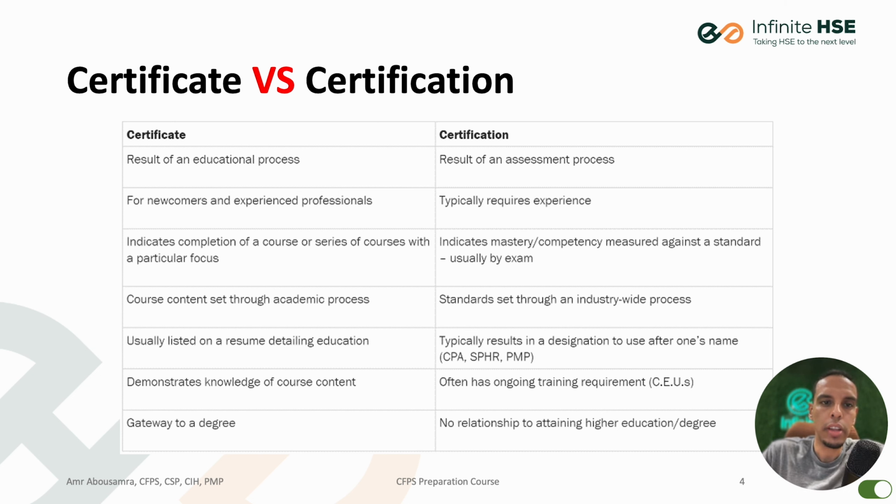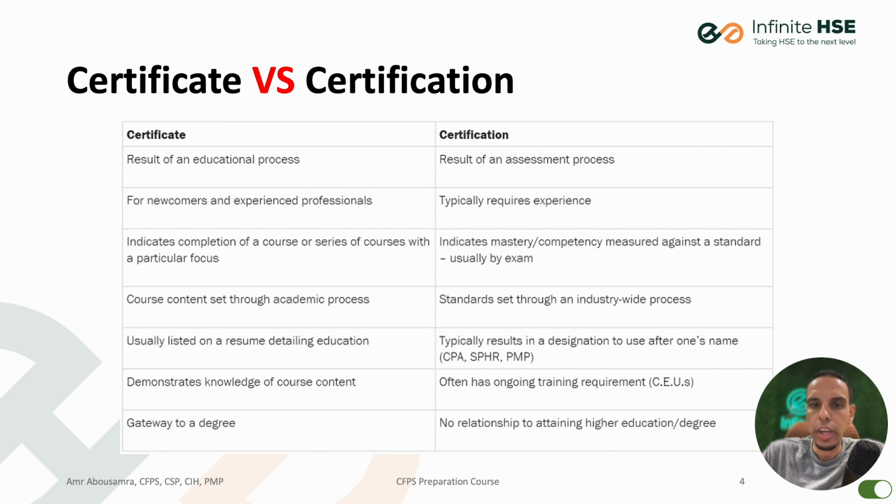Also, a certificate is gained through an academic or study process, but the standard for a certification is industry-wide. After you finish a course, you get a certificate of attendance, and you can list this in the education part of your CV or resume.